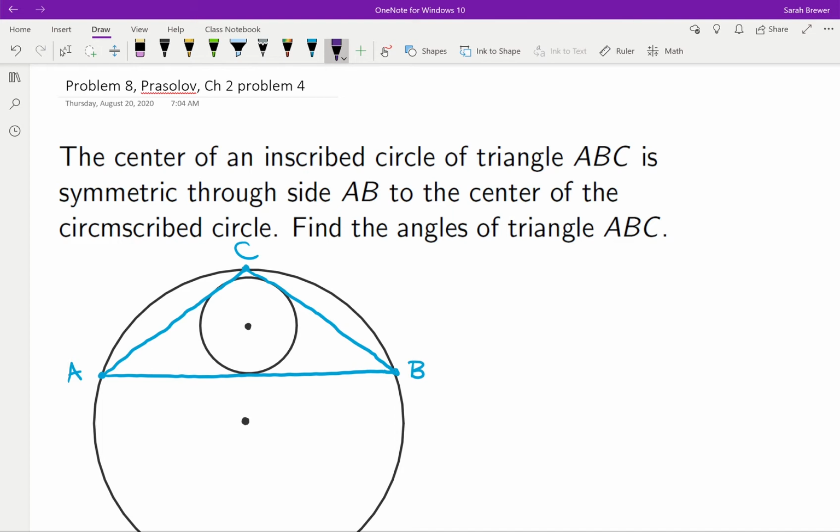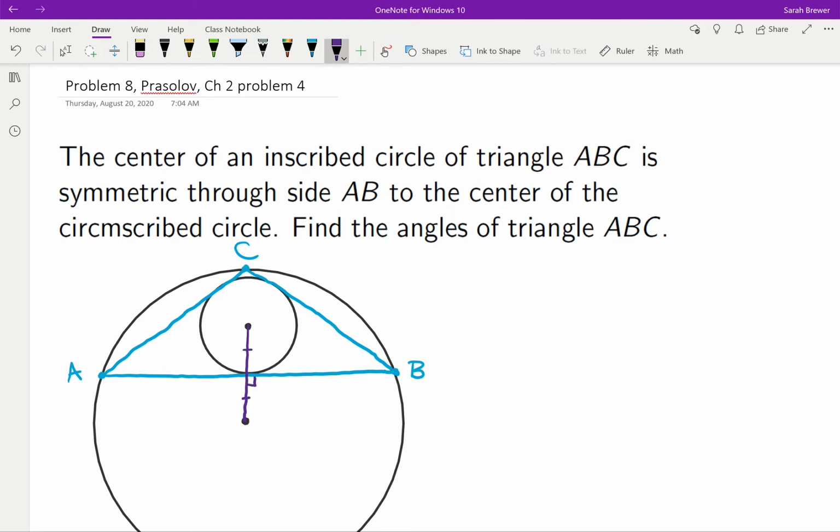respect to side AB. So what it means for 2 points to be symmetric with respect to a line is that that line is the perpendicular bisector of the line segment between those 2 points.